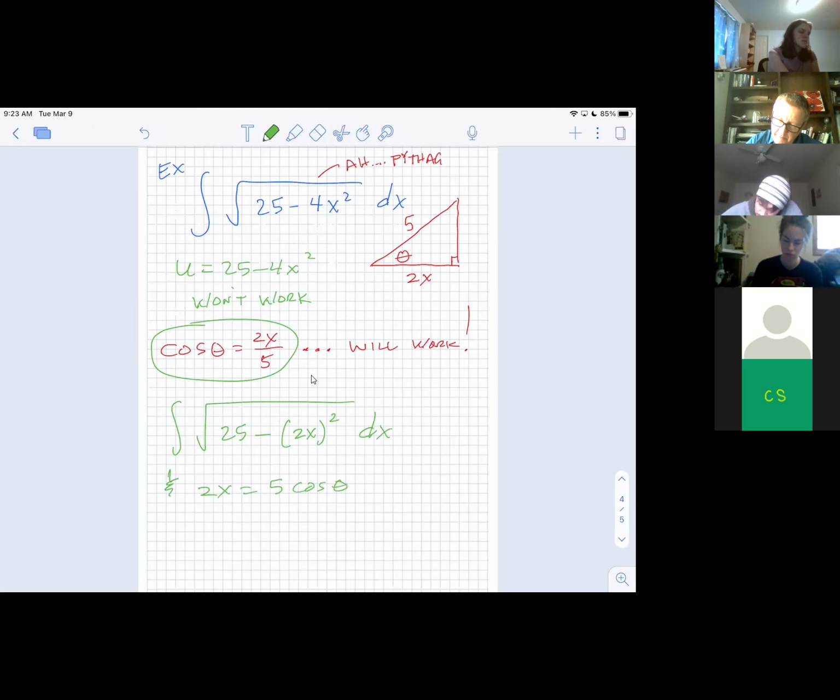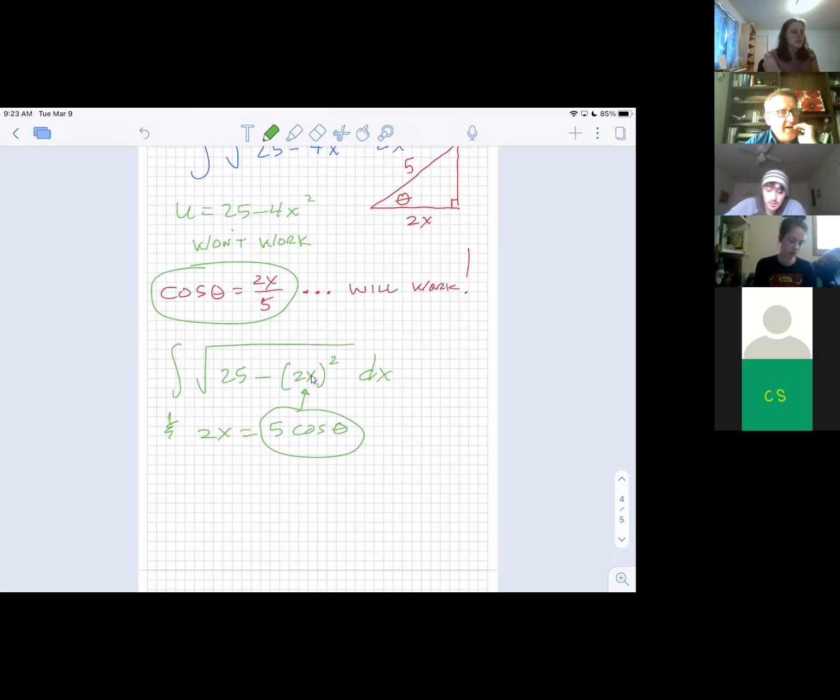So now I can put 5 cosine of theta right there. That's how I can get it into the problem. So you could have solved it completely for x. But do you see the brilliance? Do you see what's happening to this then?